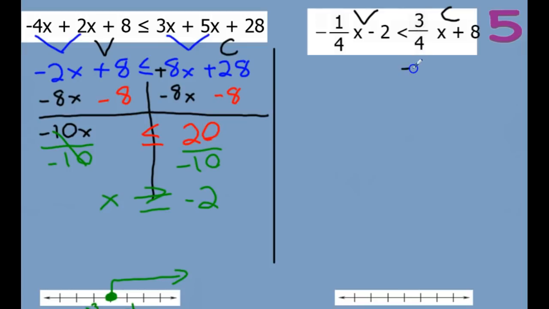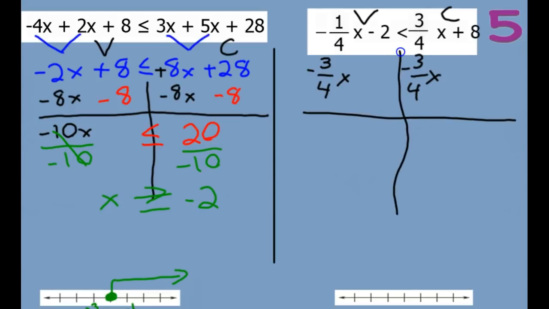So we're going to subtract 3/4 x, and subtract 3/4 x over here. Negative 1/4 x minus 3/4 x should give us a negative 1x.